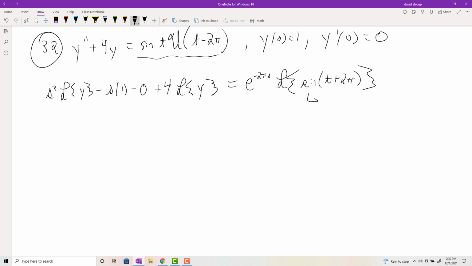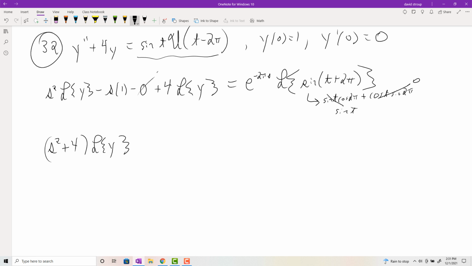Same sine formula. This thing would be sine t cosine 2 pi plus cosine t sine 2 pi. This part would be 0. Sine of 2 pi is 0. This part is just sine t. Okay, so I have then collecting the Laplaces together, s squared plus 4, Laplace y.